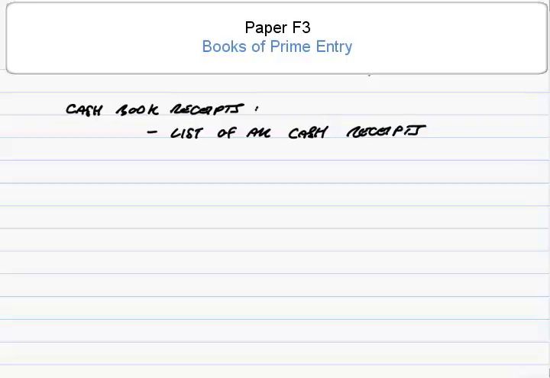No debit, no credit, just a list. The only thing is, though, of course, there are several different reasons the business might receive cash. They might receive cash because they've made cash sales. They might receive cash because a receivable is paid. Well, so we don't forget the reason, they'll have what we call an analysed cash book.